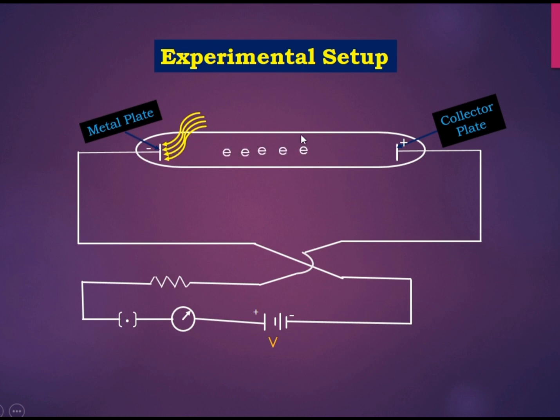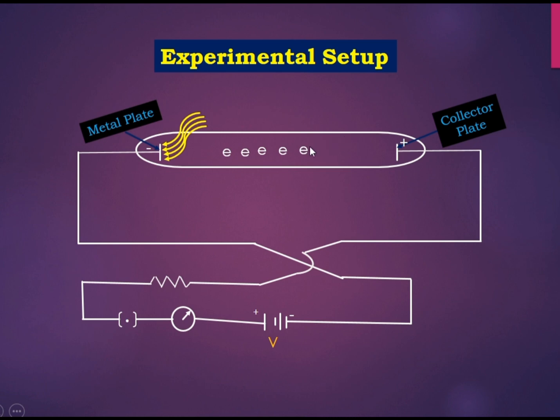When these electrons reach this collector plate, now this collector plate is connected to the positive terminal of the battery, and the metal plate is connected to the negative terminal of the battery. So these electrons, which are negatively charged, will get attracted towards the collector plate, and that is why it is called the collector plate, because it is collecting these electrons towards it.